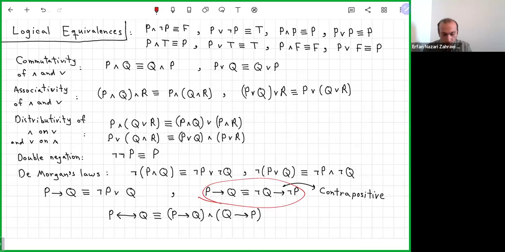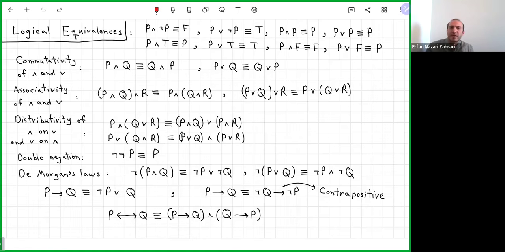This one also you need to memorize, or understand what the contrapositive is. The contrapositive of an implication is basically swapping them and negating them. So it's not Q implies not P. And that contrapositive is equivalent to the original implication. You use this if you ever took calculus and other courses in other parts of math.